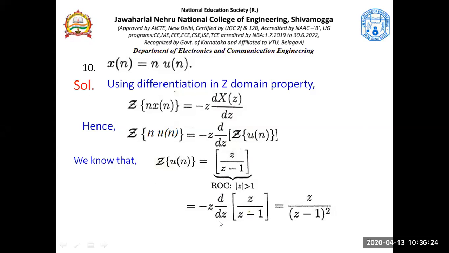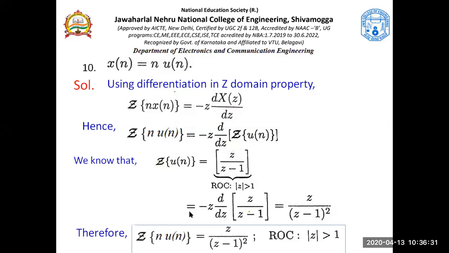I hope I'm correct here. Therefore, the z transform of n u of n is z by z minus 1 whole square, with the ROC as this. This is the ROC we need to use here also, because this is a right-sided sequence and we have u of n, so the ROC of u of n would hold good here.